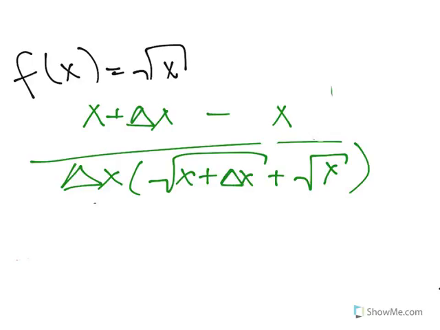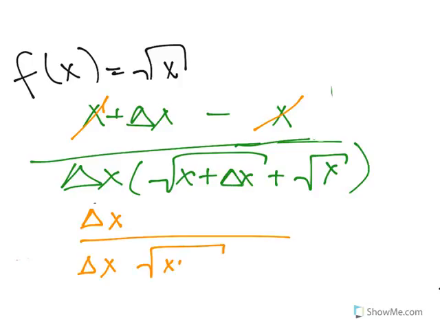And so now you see that the x's cancel, and you're left with delta x over delta x times the square root of x plus delta x plus the square root of x.